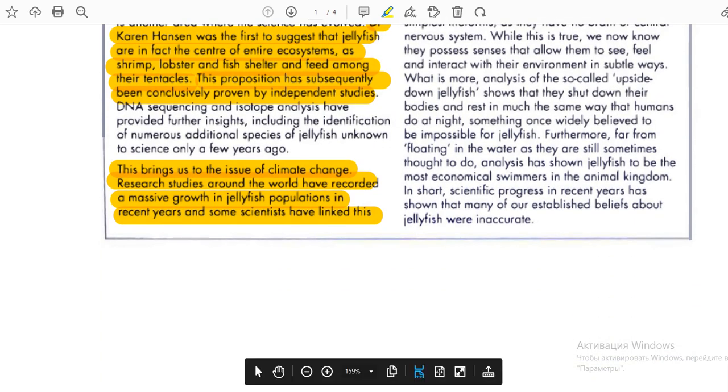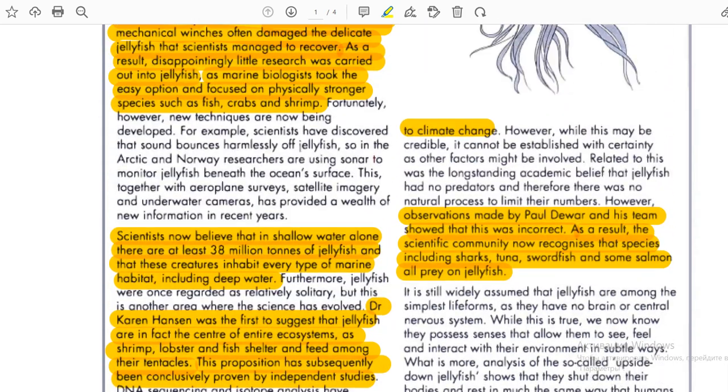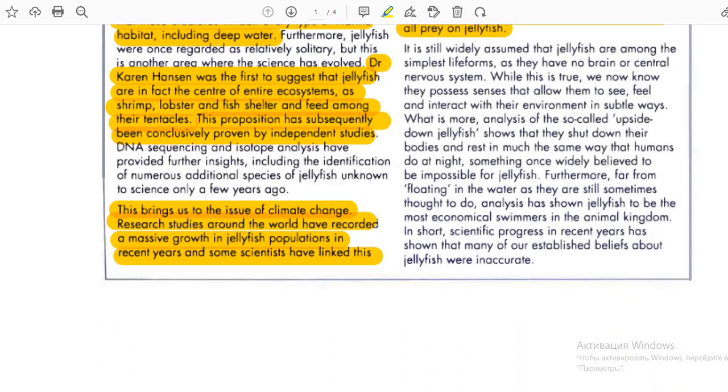And here it is. The writer says, this brings us to the issue of climate change. Research studies around the world have recorded a massive growth in jellyfish populations in recent years, and some scientists have linked this to climate change.